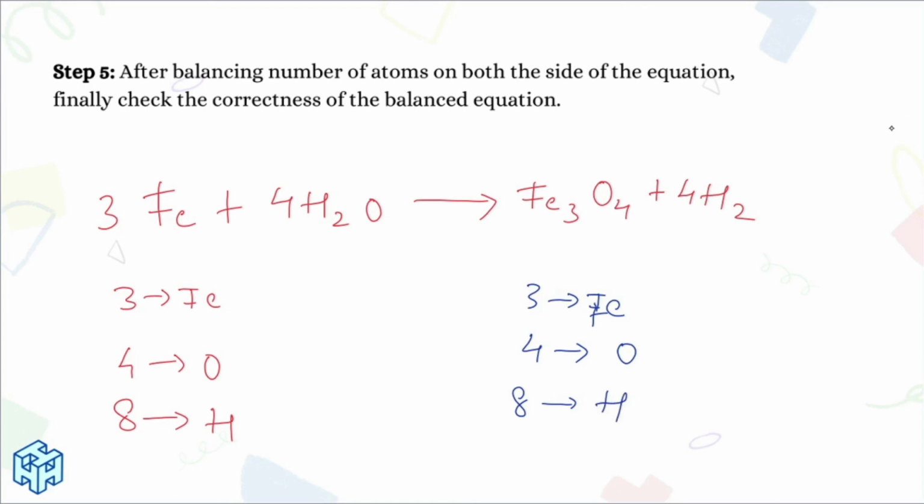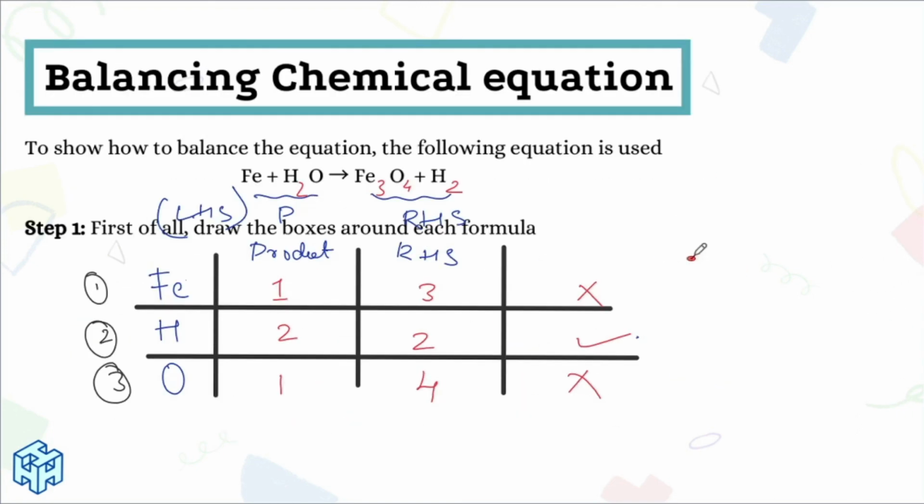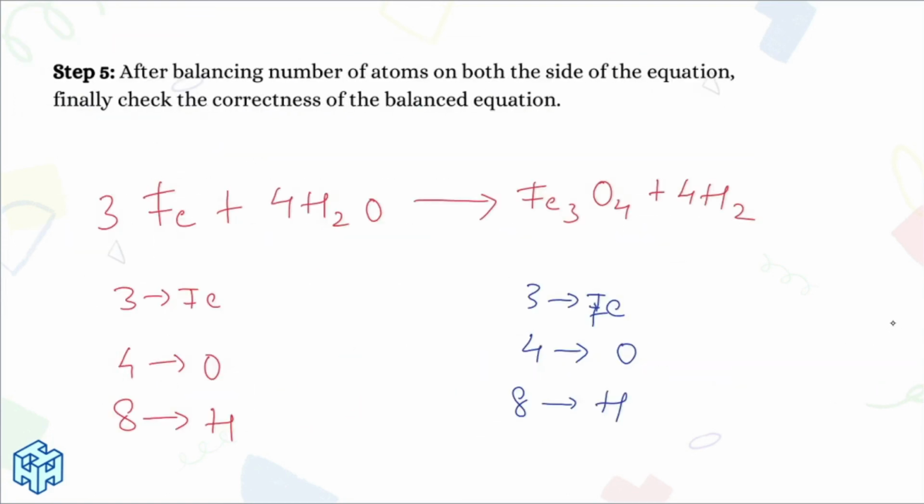Sir, is it right? Let us analyze. 3, 3, perfect. 4, 4, perfect. 8, 8, perfect. This gives a balanced equation. Initially, we had this equation which is unbalanced. At last, we got an equation which is balanced.